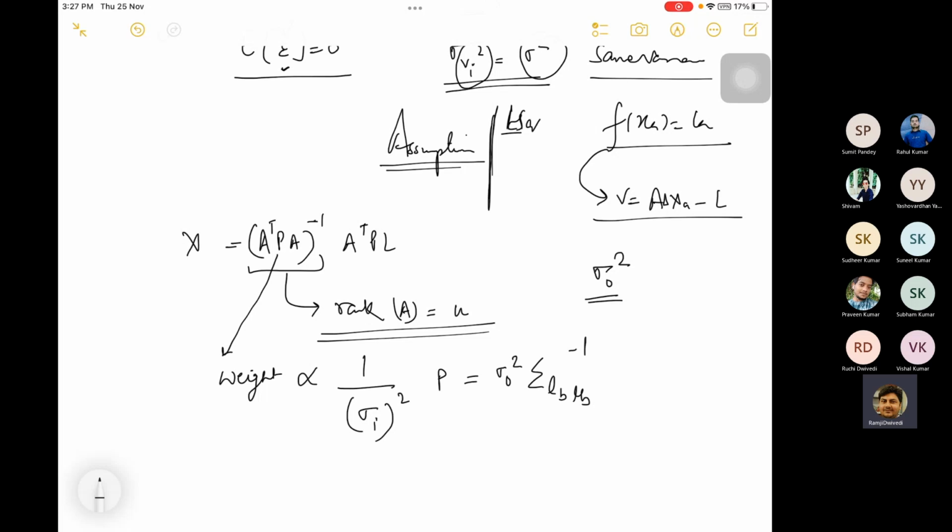This sigma naught square term, which comes automatically to hold this proportionality sign, is a constant, and it should be chosen in such a manner that it works as a reference variance, as well as helps that the matrix coming after multiplication of the design matrix with the weight matrix should not be ill conditioned. You should have the inverse, then only you will get the solution. If you do not have the inverse, then it is not possible to get the solution.